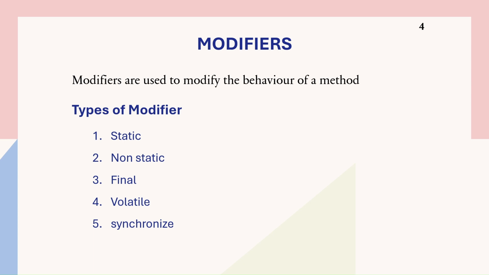Volatile and synchronized, we are not going deep in this video. If you want a video on this topic, I will make it in another lecture, after the OOPS concepts are done, then I'll teach you more about modifiers and access modifiers. That is enough to understand what modifiers and access modifiers are in Java.